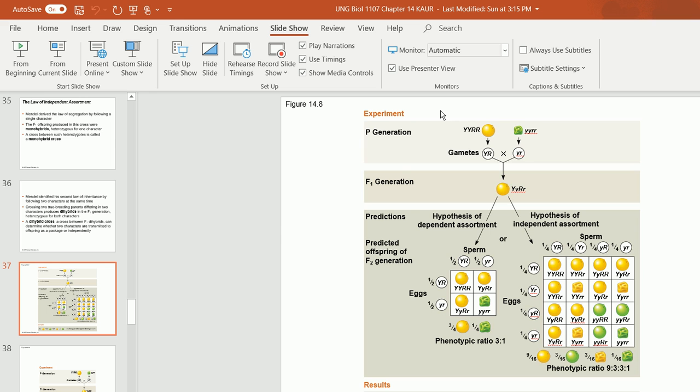The reason was because he started with yellow with round texture, but he also got yellow with wrinkled. He started with green with wrinkled, he also got green with smooth. So all these characters are assorted independently of each other.